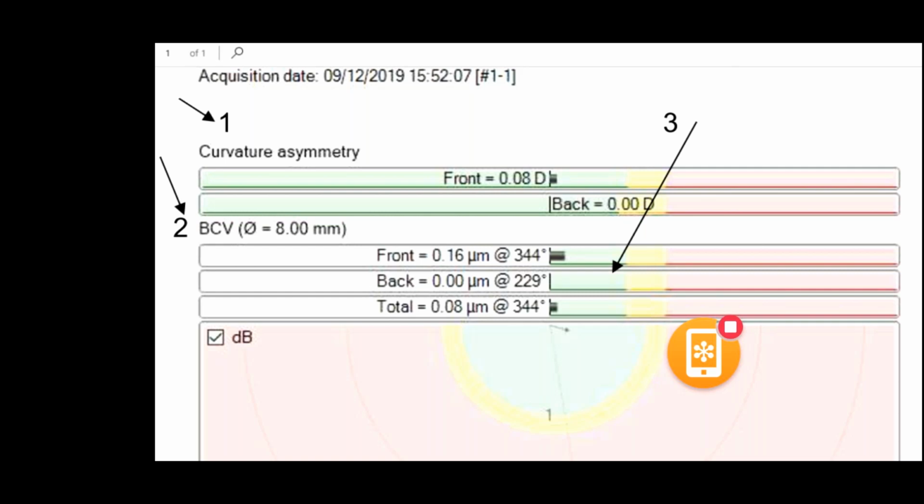Now what asymmetry are you talking about? It's talking about asymmetry in the thickness, asymmetry in the curvatures. Sometimes it's also talking about the ratio at which the cornea is becoming thick in the periphery and thin in the center. So basically it's asymmetry in the cornea in the same eye.